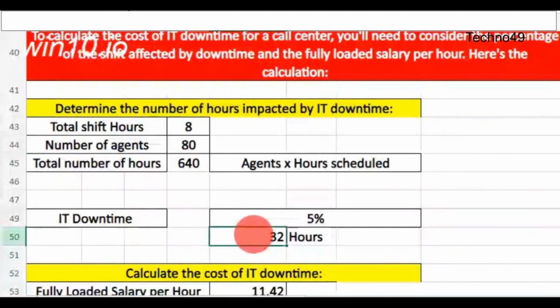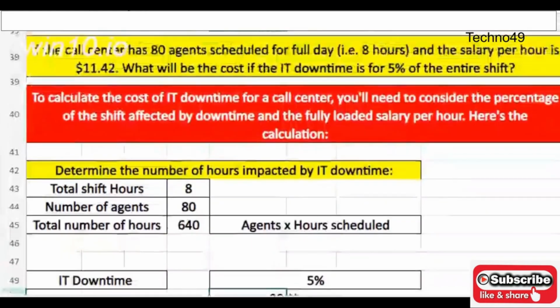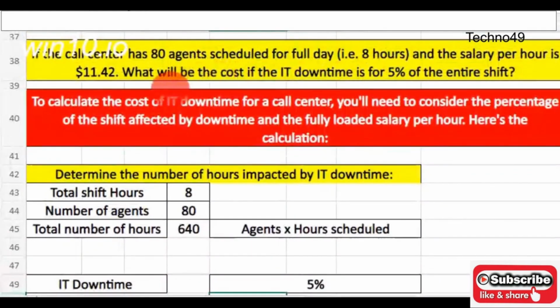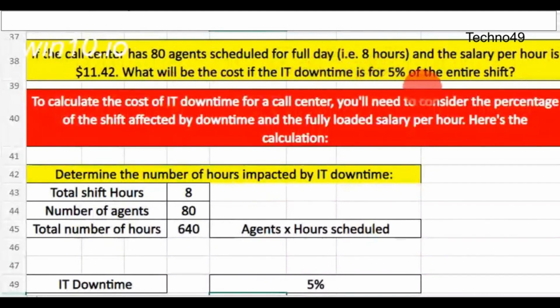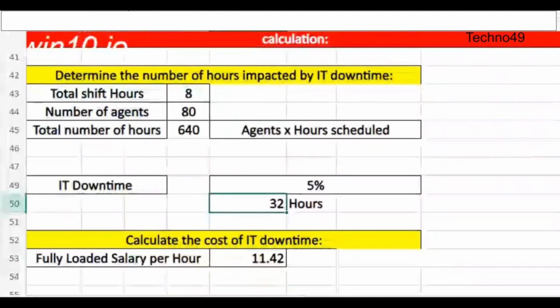Now the next step is to understand what will be the cost if the IT downtime is 5%. We have calculated the IT downtime as 5% of the entire shift, and now we have to find the cost. We have all the components required to find the cost of IT downtime.